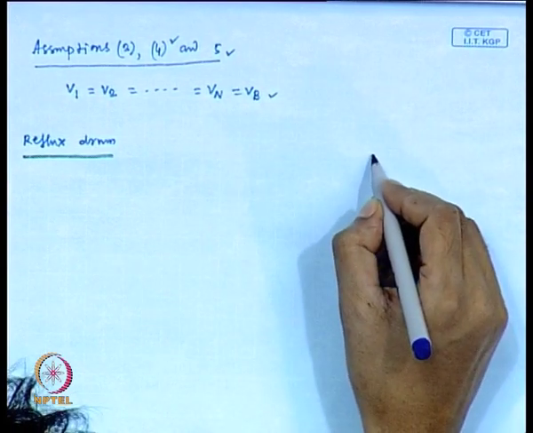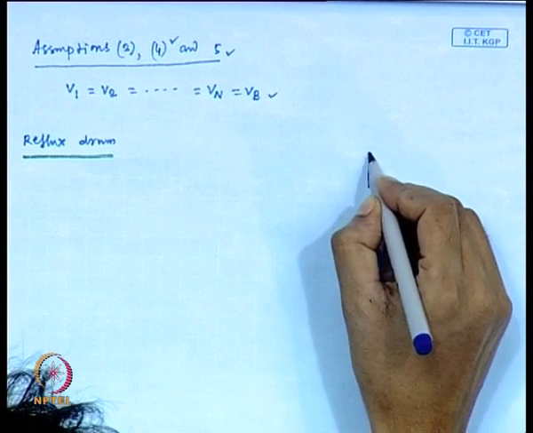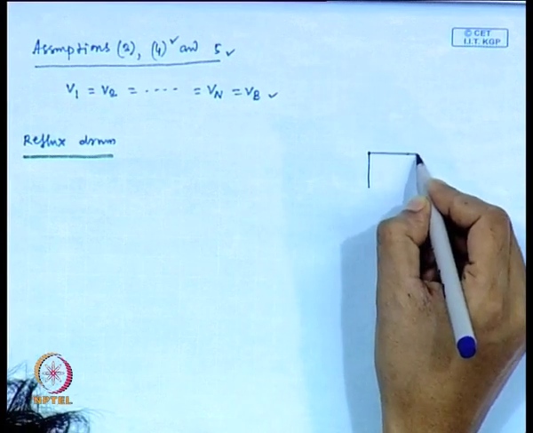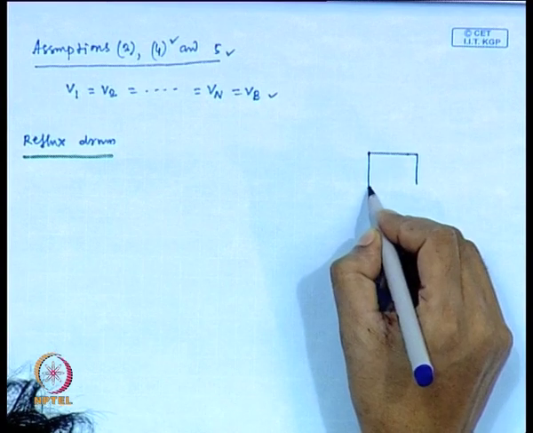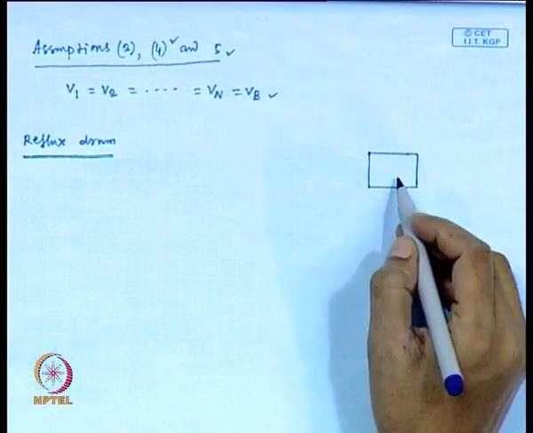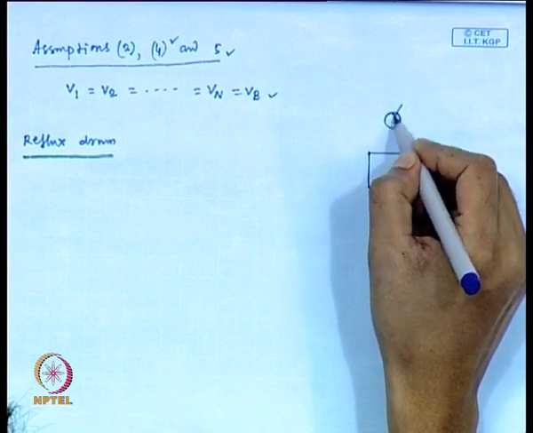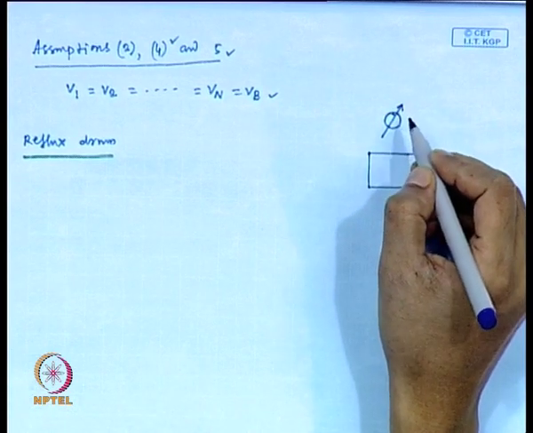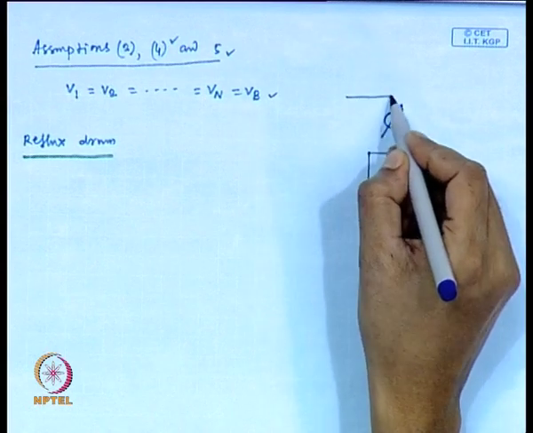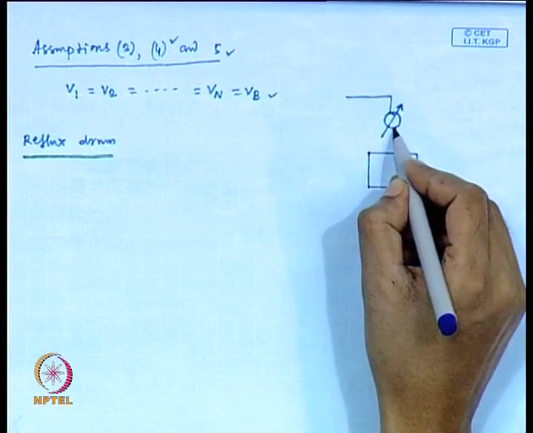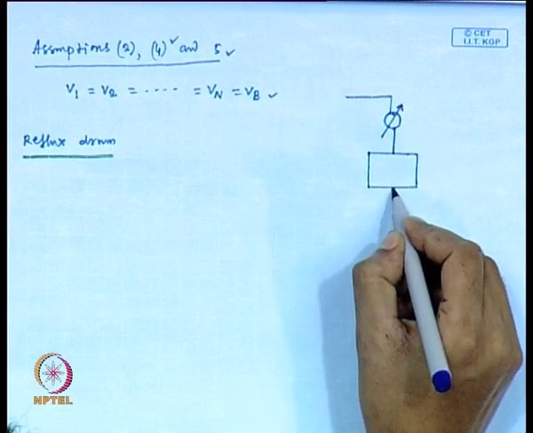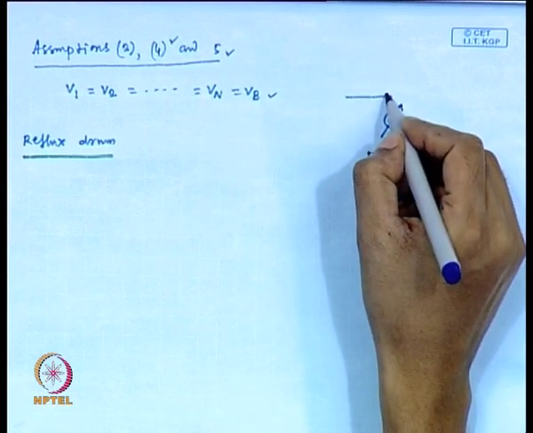The schematic of a reflux drum is like this. This is the reflux drum. Since we have considered there is no dynamics of condenser, we can include it here without developing any modeling equation for the condenser.